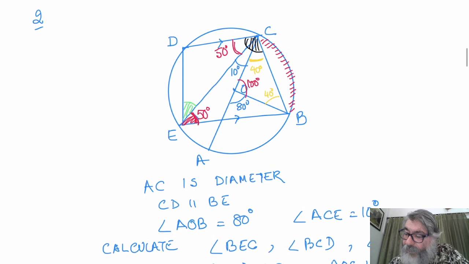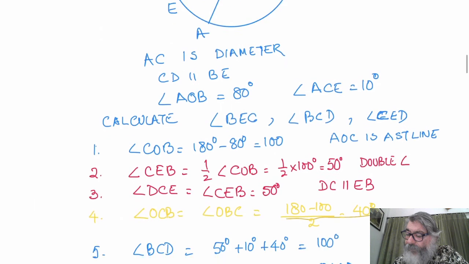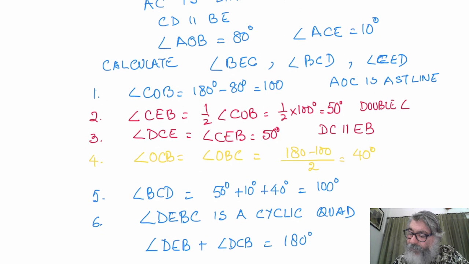Suppose I name this angle X, just for convenience. So angle DEB becomes X plus 50 degrees. And DCB is how much? We have calculated DCB just now as 100.